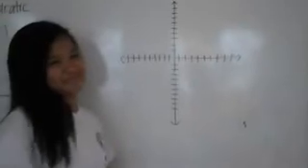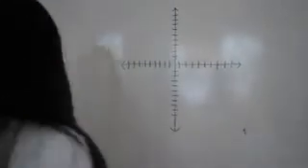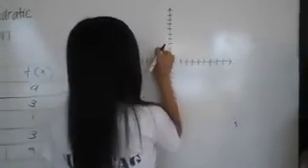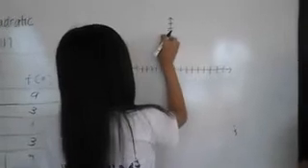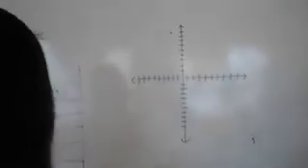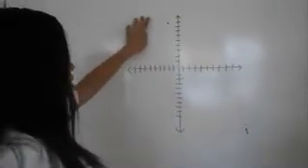So here, I will graph the x and f of x. So your x will be negative 3 and y is 9.